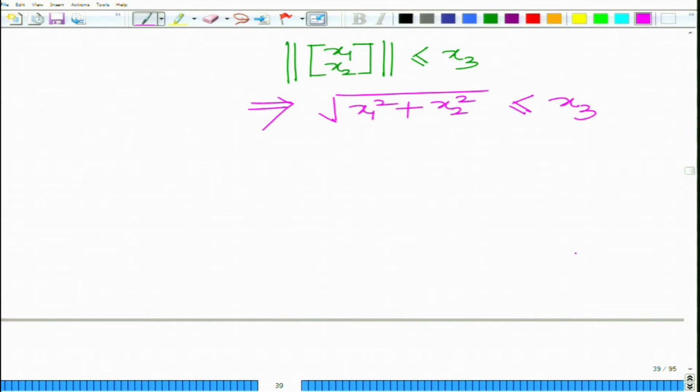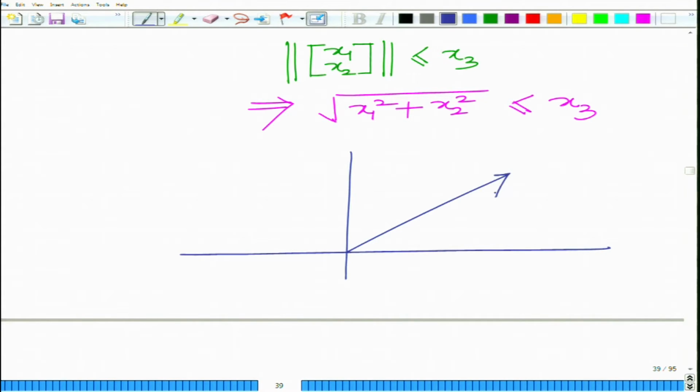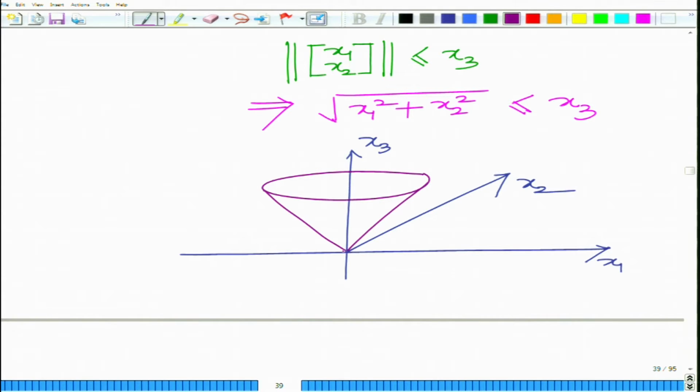And if you plot that in 3 dimensions, this is your x1, x2, x3, and it looks similar to the shape of a classical cone that we are all familiar with. This is the region, and this is the 3D cone, the classical conical shape.